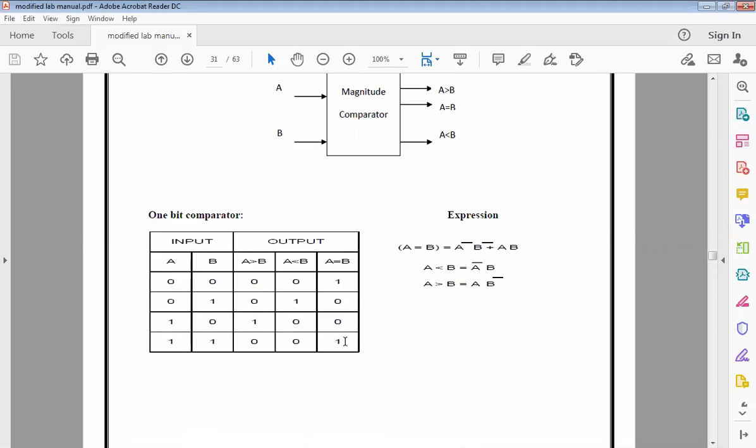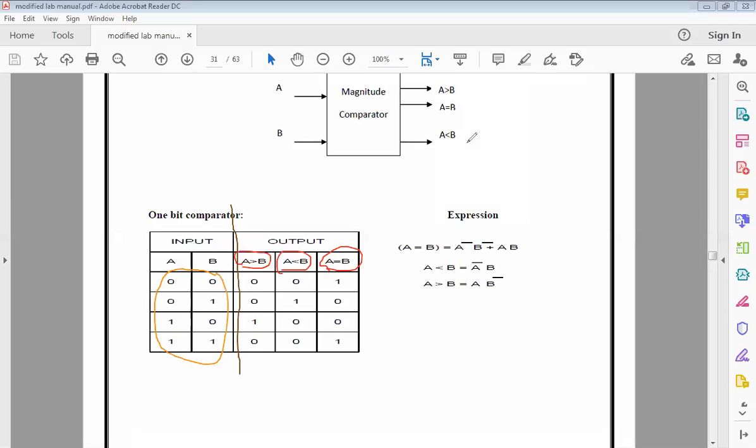One we will use for A is greater than B, another for A is less than B, and the last one for A is equal to B. Now you should compare the values on the input side, so you should have a logical separation. You should compare only these values.